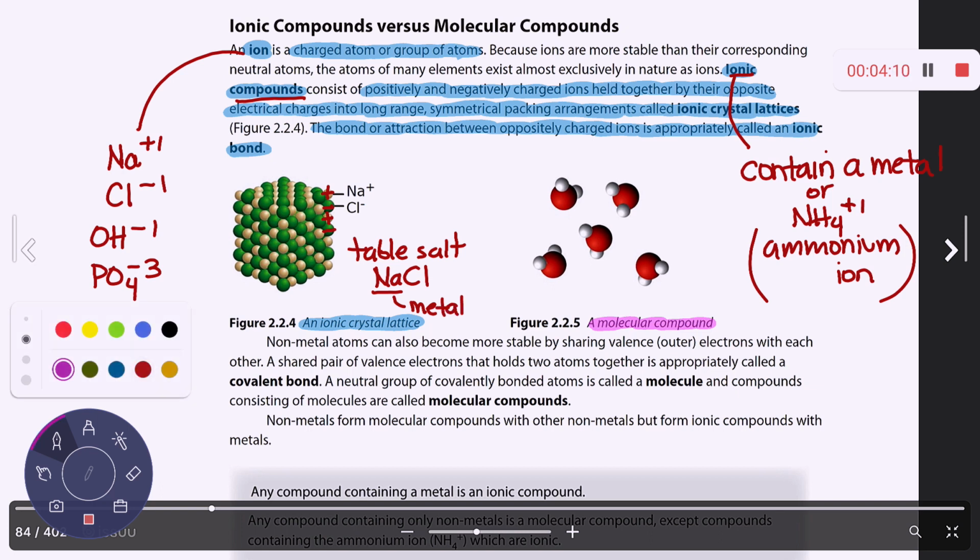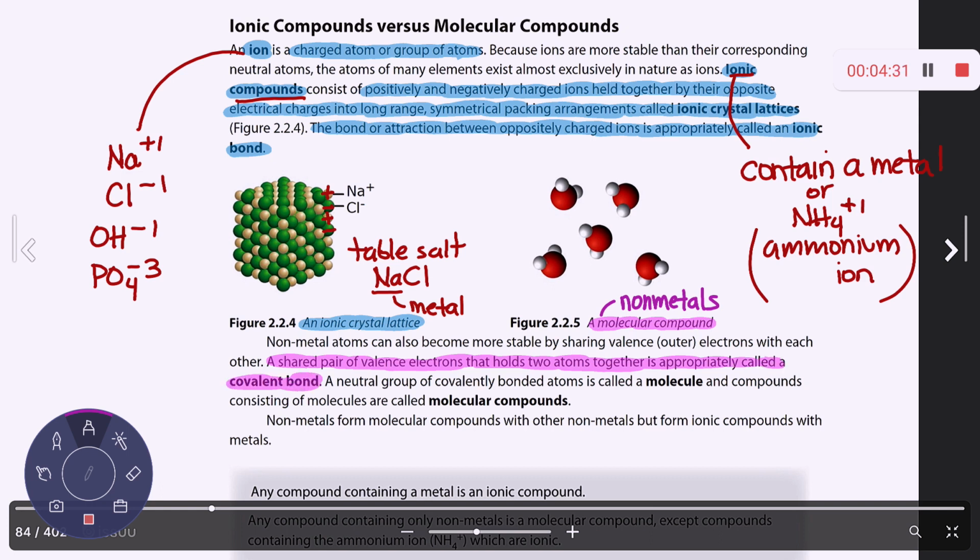Now, molecular compounds, these are made of non-metals only, which are on the right-hand side of your periodic table. Okay? And non-metals tend to share valence electrons. That's how they form bonds and are held together. And so they form something called covalent bonds. And there are no charged particles in molecular compounds.